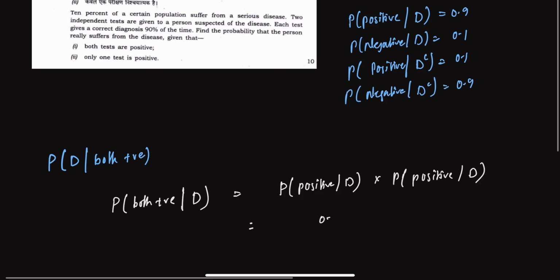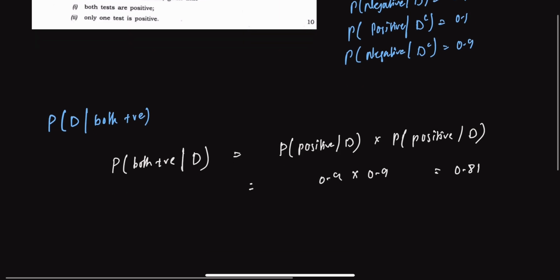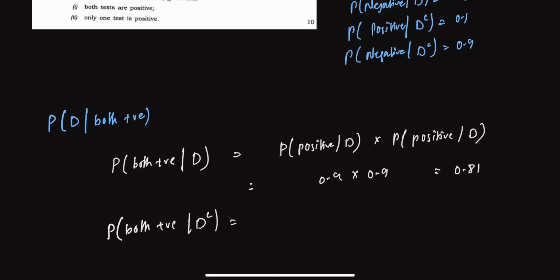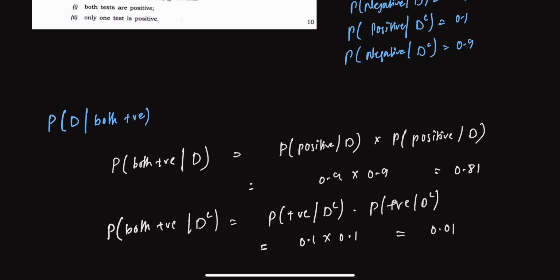That is 0.9 into 0.9, which is 0.81. In a similar way, the probability of both positive given the person doesn't have the disease is the probability of positive given no disease into the probability of positive given no disease, which is 0.1 into 0.1, which is 0.01.